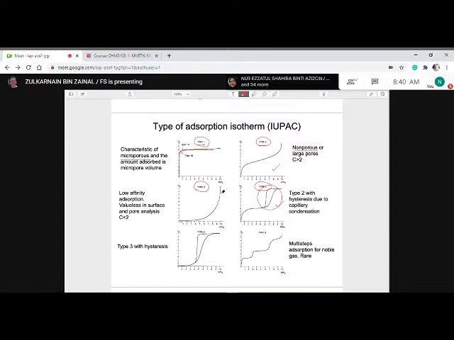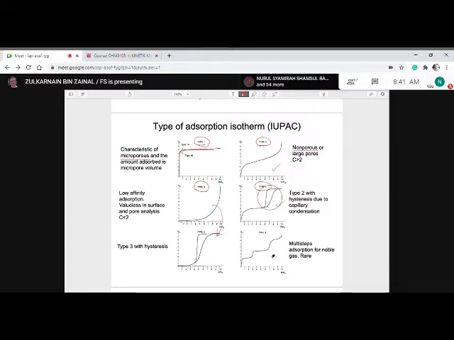And you can have this type of adsorption also, which has hysteresis, right? This is low affinity adsorption with hysteresis. So meaning that it probably contains pores, where you need a relatively low pressure for adsorption to occur.